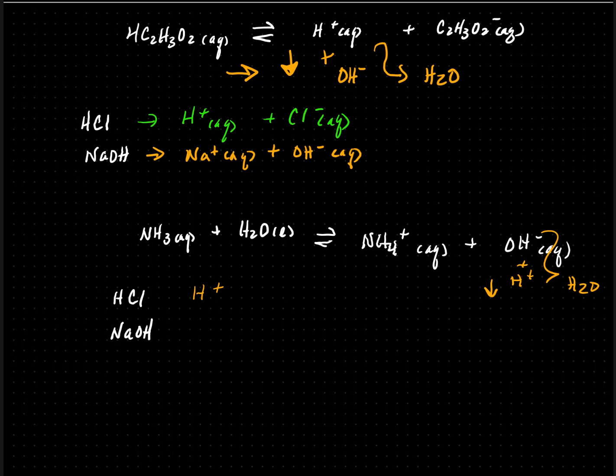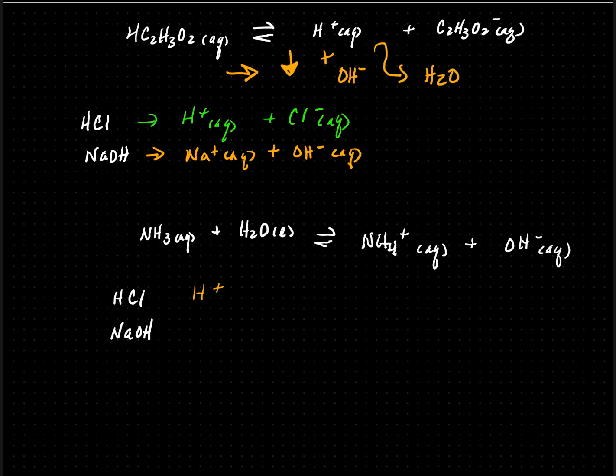In buffer terminology, when the OH- is removed, there is less OH-, so it's becoming more acidic. To prevent the solution becoming more acidic, the equilibrium is going to shift to the product side to increase the production of OH- to make it more basic.